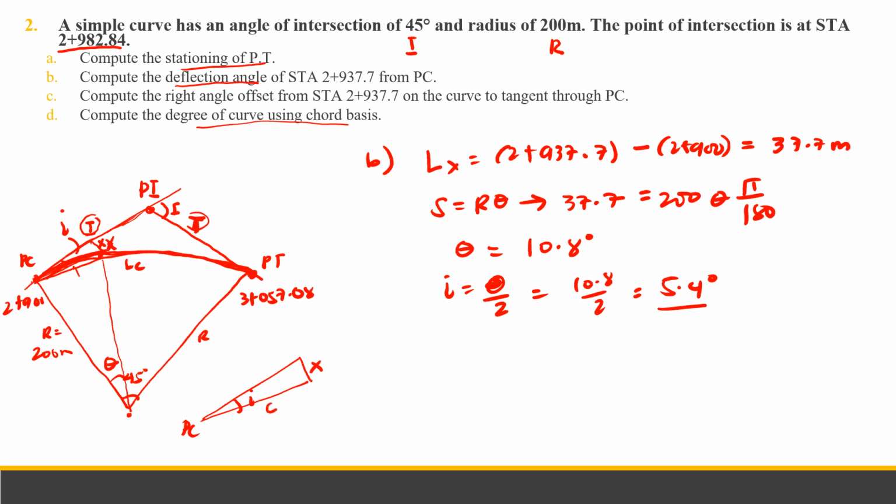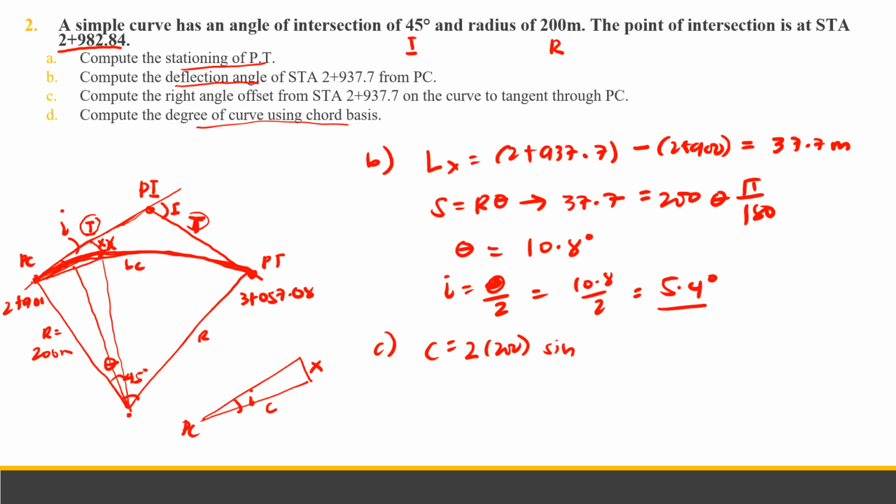So, to get the C, yung formula ng chord natin. Yung formula ng chord, C is 2R sine I over 2. So, C is equal to 2 times the radius, 200, times sine.